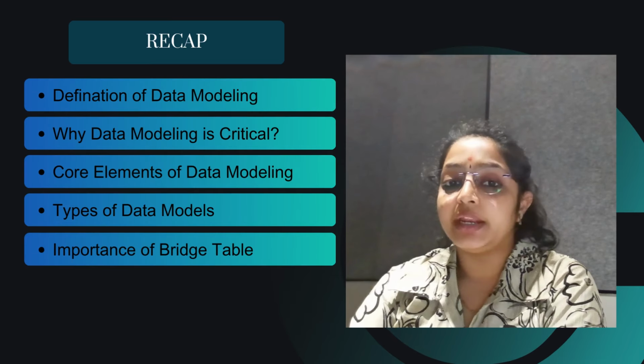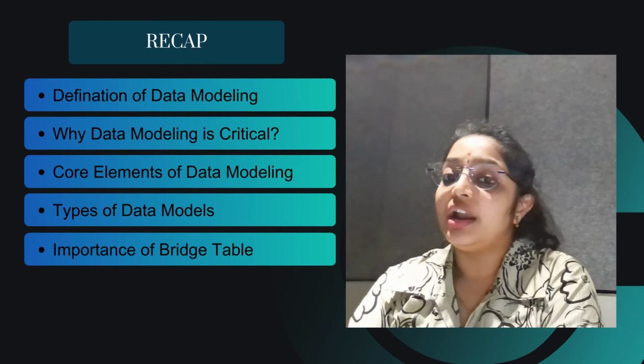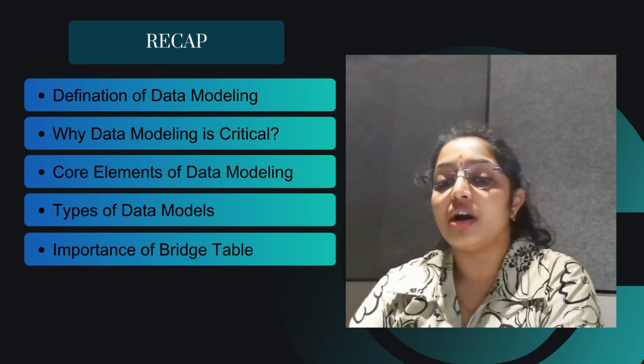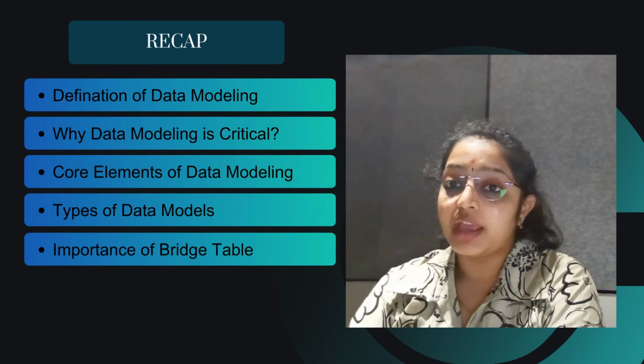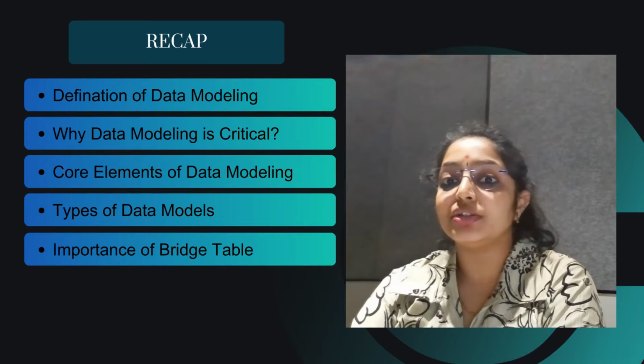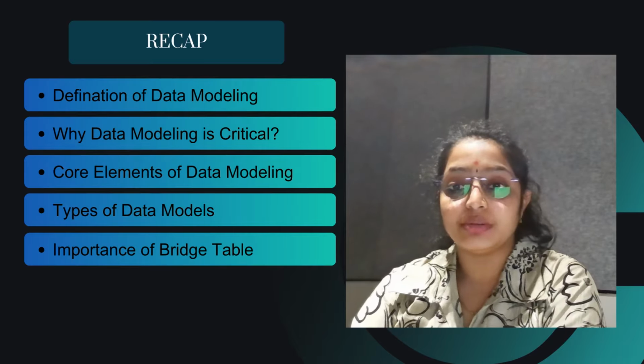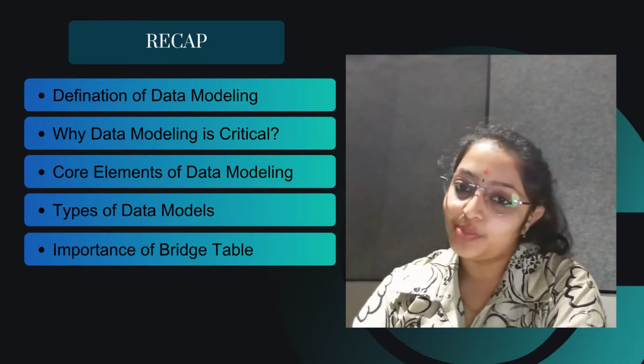It might be entities, attributes, keys, relationships, etc. And also we tried to connect the dots between the types of data model, and we understood the importance of the bridge table or the junction table as well. So hope it was clear.